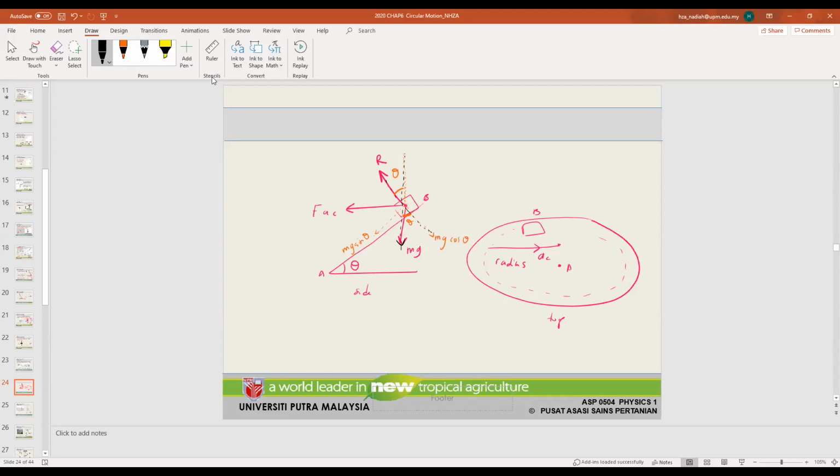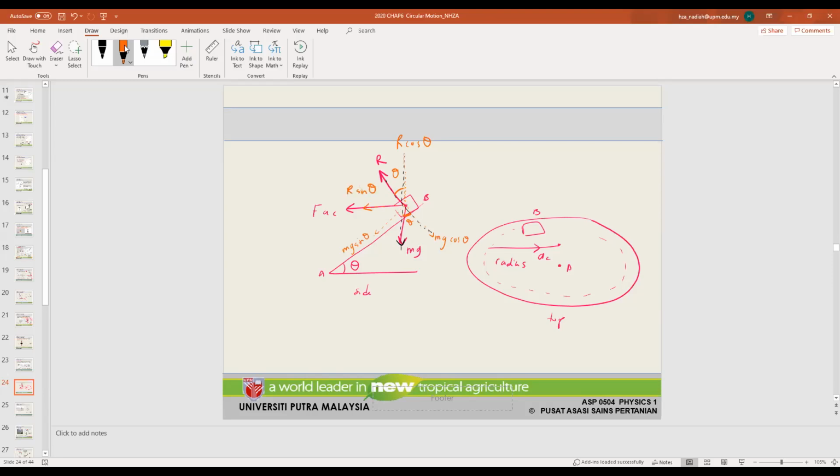Okay, so the angle over here is also theta, betul. So how do I resolve this? Apa-apa yang touching angle will become cosine. Sama juga. And for this guy, if you resolve your R, it will be over here, R sine theta.